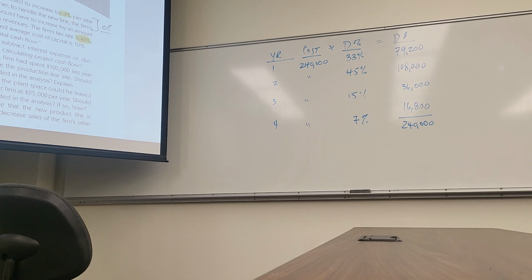And we do the same thing for these guys here. That's 17,000 of EBIT there. Taxes on that are 6,800. That gives us 10,200 in NOPAT for year two.